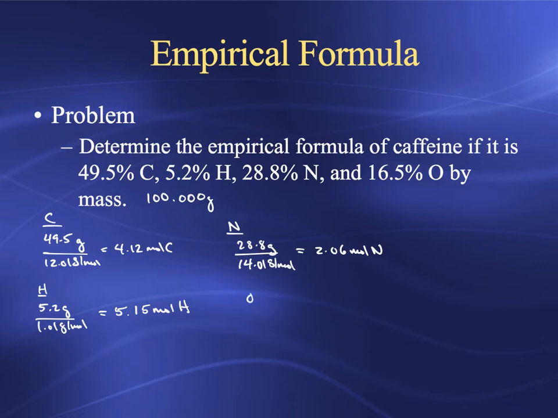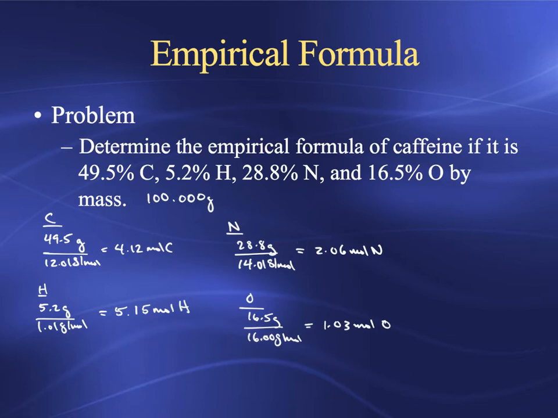And lastly, with oxygen, we've got 16.5 grams of it, divided by 16.00 grams per mole. That's going to be close to 1. 16.5 divided by 16 gives us 1.03 moles of oxygen. So we've got all these converted into numbers of moles.